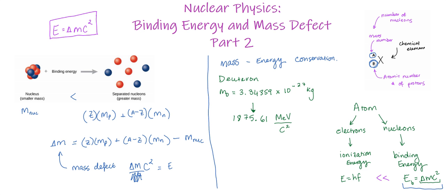Even though all of this is going to be a lot of writing, it will allow us to see how much energy can be left. But in order to make it a little bit simpler, what we're going to do is use unified atomic mass units.